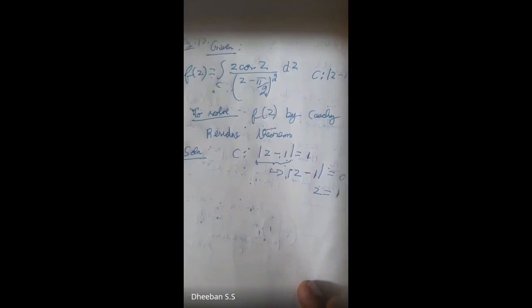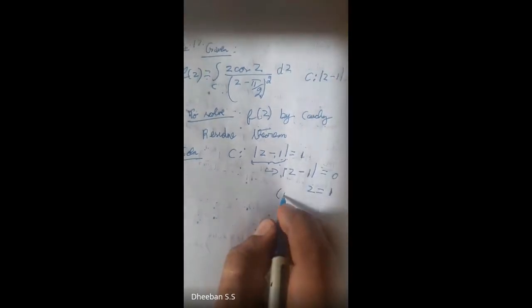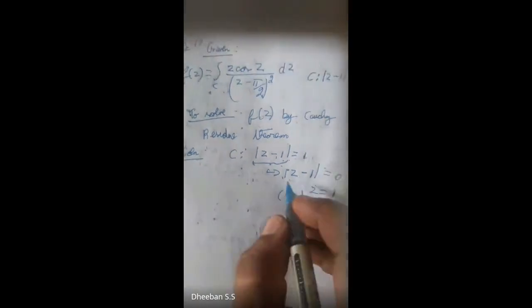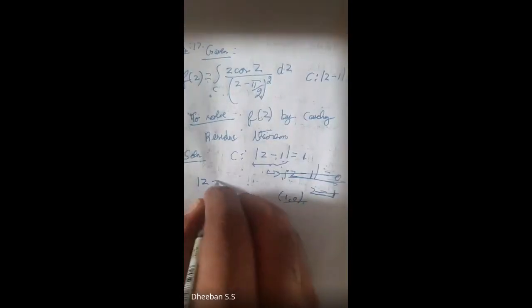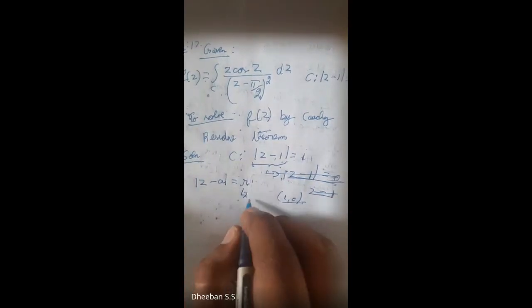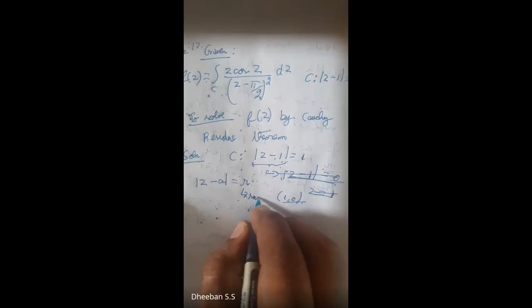So this takes the value 1 comma 0. But you just leave this, it might be confusing. Stick with the other formula that I had given, that is z minus a equal to r, where r is your radius and a will be your center.